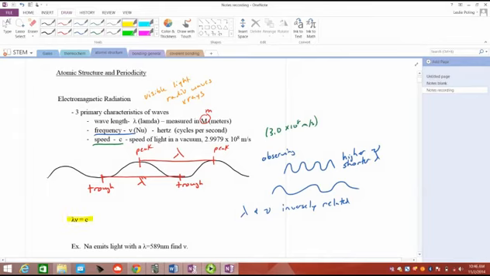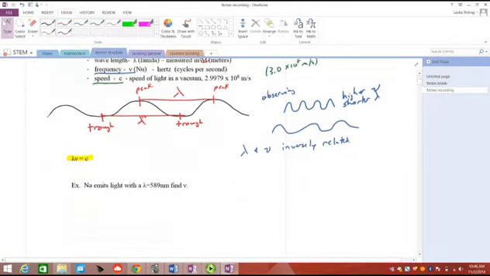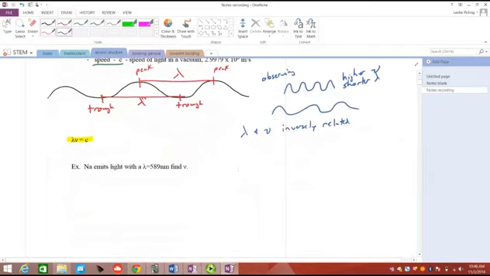So there's our equation. Since the wavelength and the frequency are inversely related, their product is constant, and it is constant as the speed of light. So if we know the wavelength or the frequency, we can find the other one.